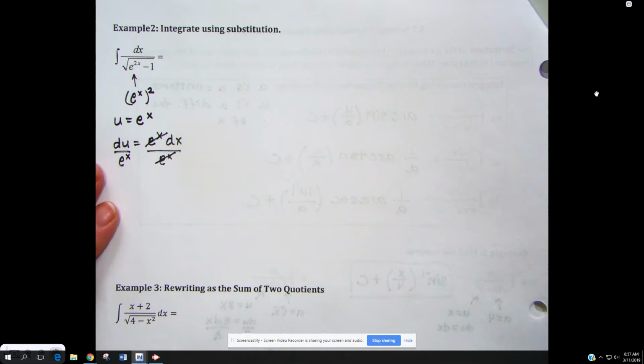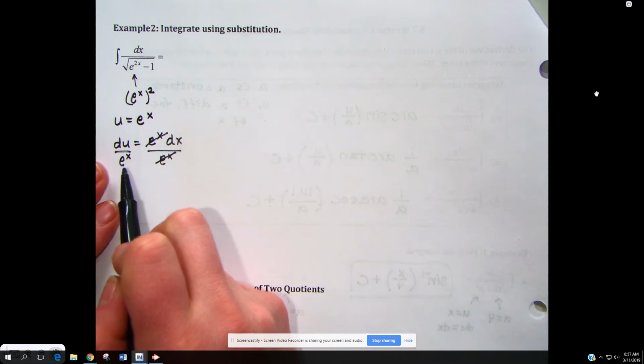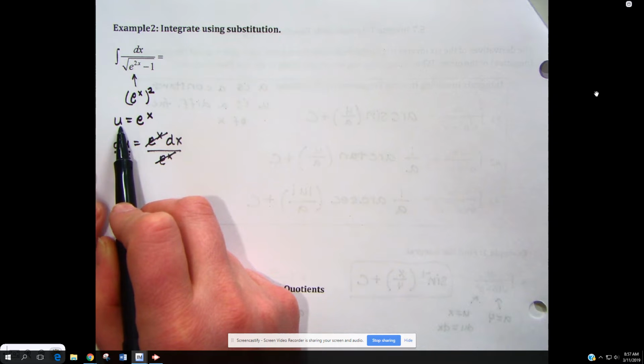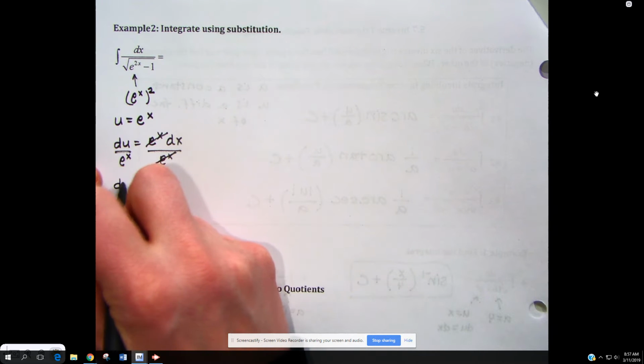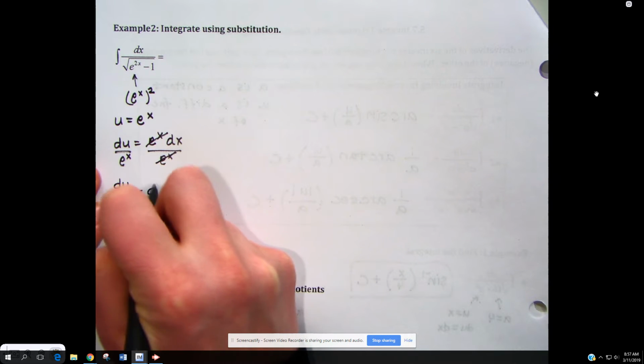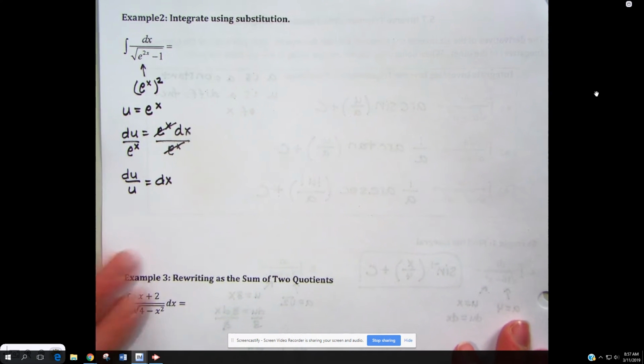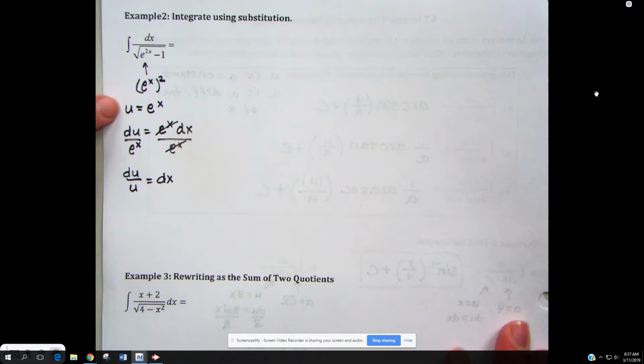The part that is the benefit here, though, is that my e to the x, if I divide it over, it's precisely the same as my u value. So I could express dx solely in terms of u. We wouldn't be able to solve if we had mixed variables, but because I can go back and use that substitution again, I can express dx solely in terms of u.